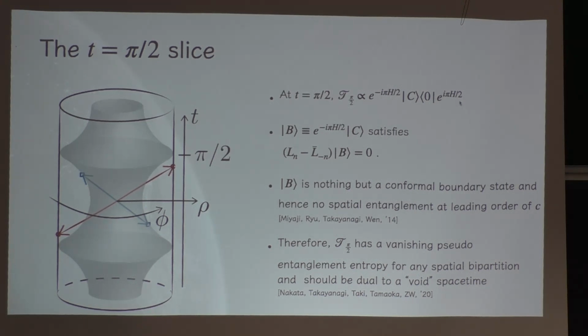And those RT surfaces do not compute entanglement entropy because our bra and ket are in different states. Instead, they're actually computing what we call a pseudo entropy. You can also show that the pseudo entropy is also 0 once you have a no-entanglement state on one side. So it precisely matches that no-entanglement structure on this pi/2 slice. That's the signature on the boundary. I hope that answered Jeff's question.